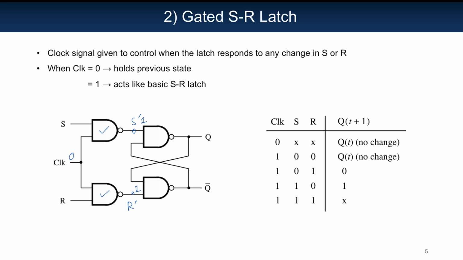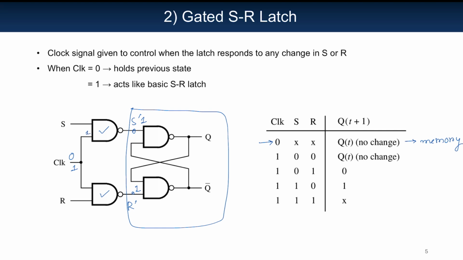This part actually works just like the previous one. According to that logic, when clock is 0, the output does not change, and hence it works like a memory element. And what happens when clock is given 1?